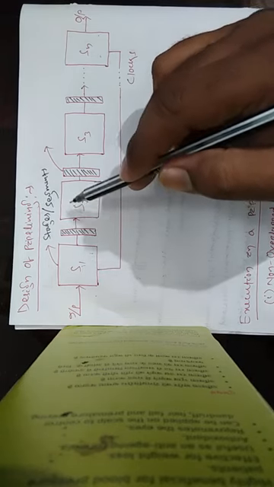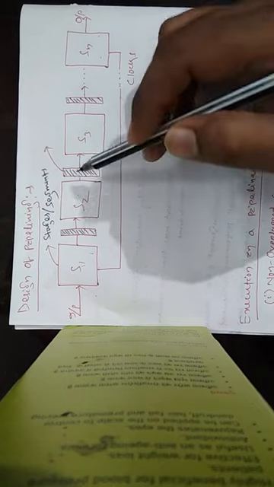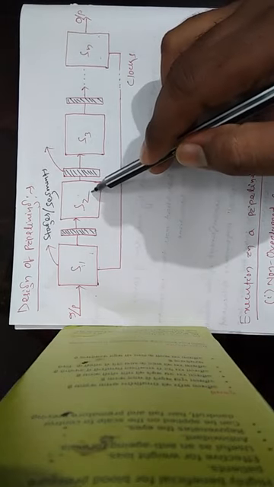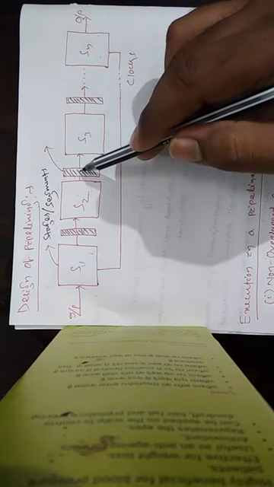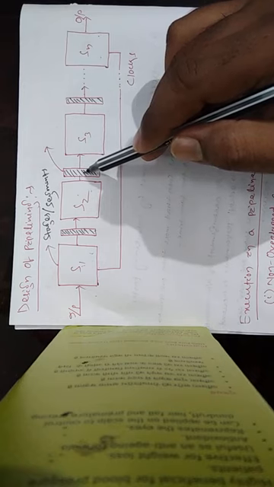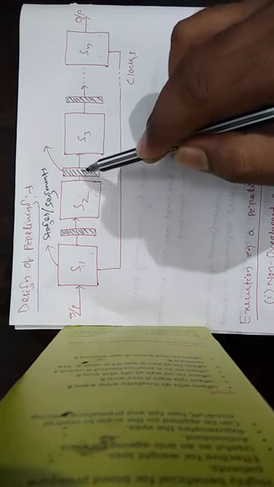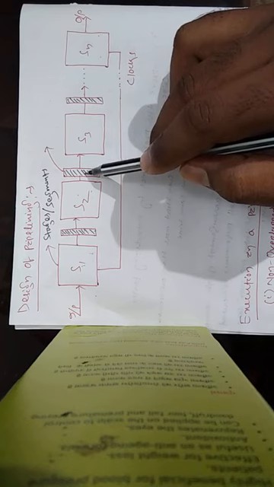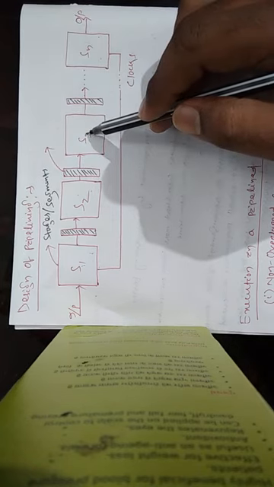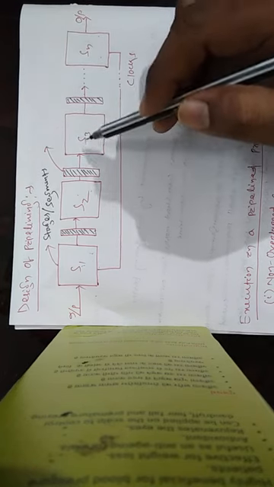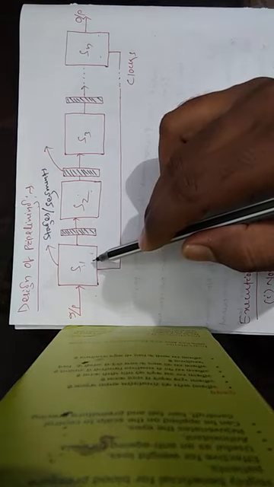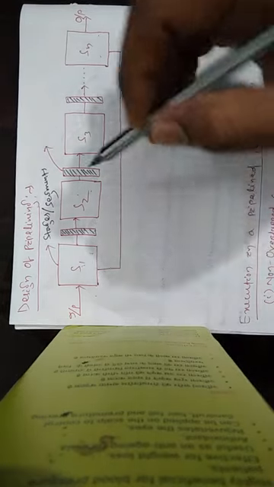This output will be the input for the second stage. Similarly, after stage 2 finishes, it will produce an output, and that output will be held in this interface register for a while. Again, this output becomes the input for stage 3. So interface registers are used to hold the intermediate output.